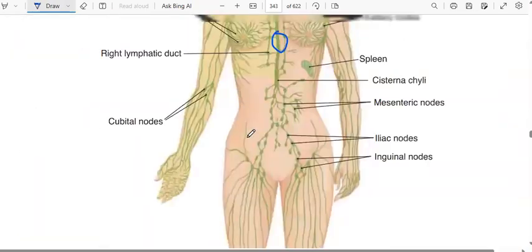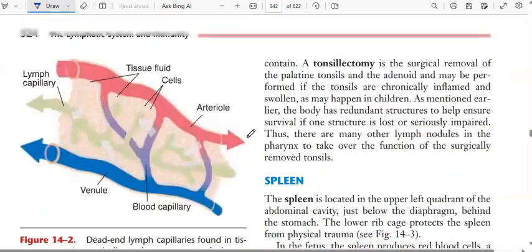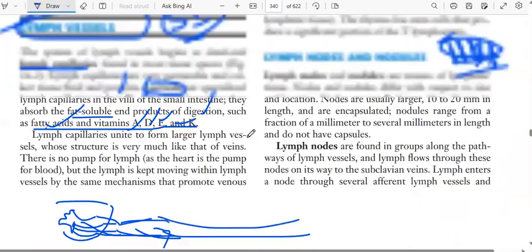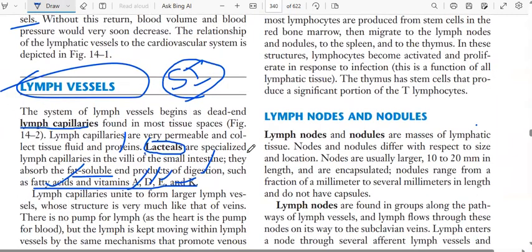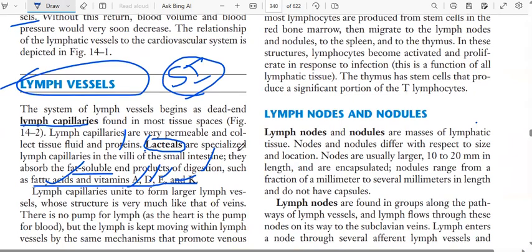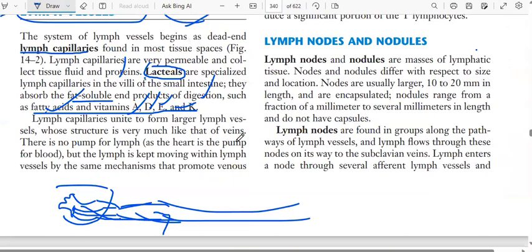The thymus will produce T lymphocytes, meaning lymphocytes will convert into T lymphocytes. Why and how they convert, we will talk about in a later class.